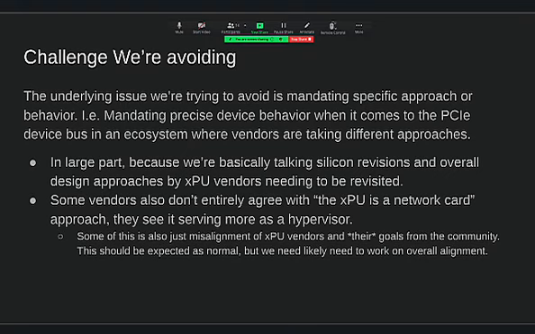The problem is, to do this, they also ended up skirting PCIe bus compliance. So there are some challenges there, and each vendor has their own unique situation. Some of this is to be expected as normal growing pains, but there's a cost and benefit we need to keep in mind with any decision we make and any frame that we put it in.